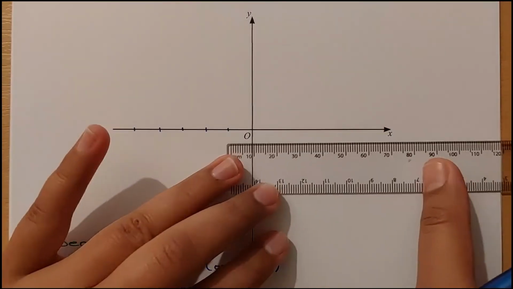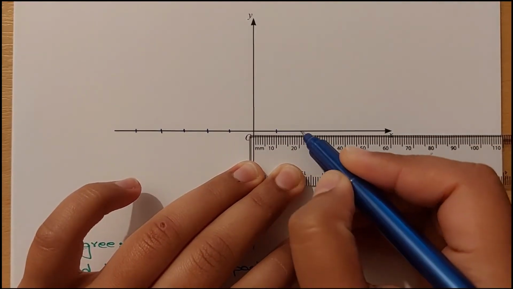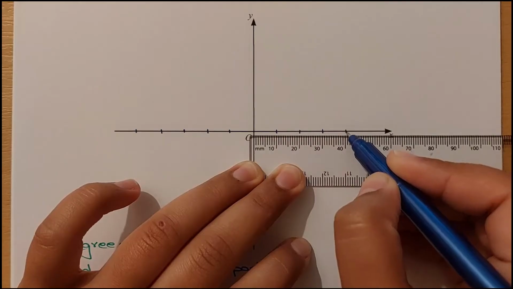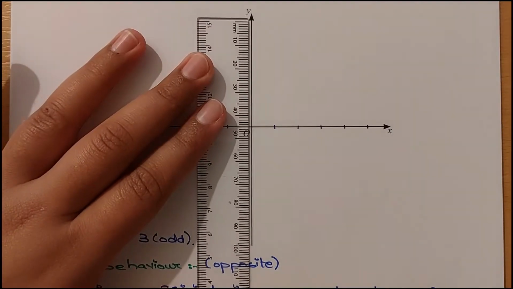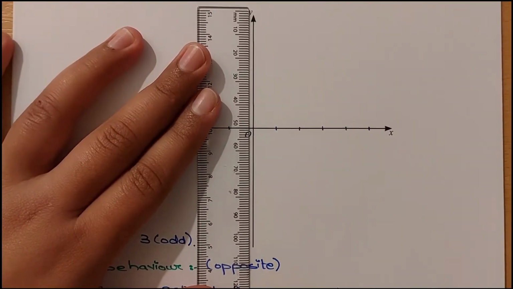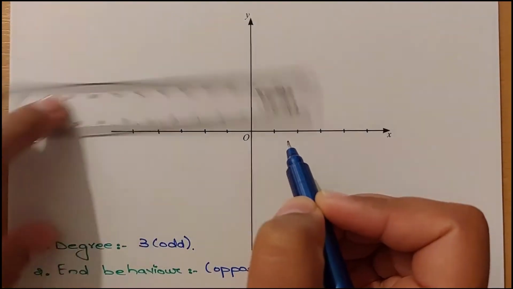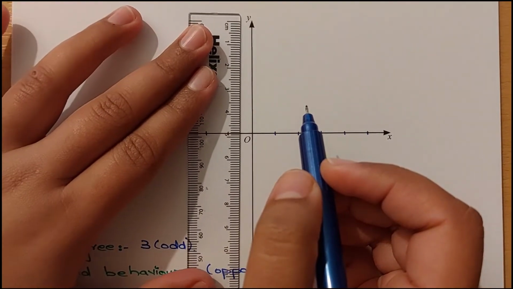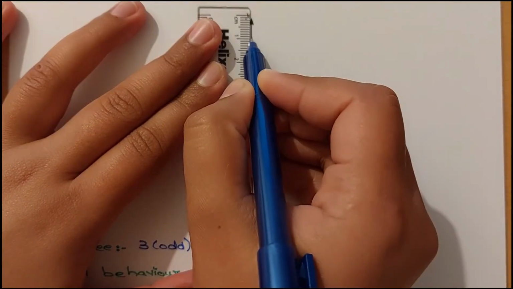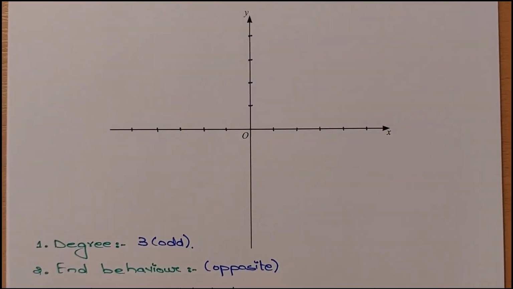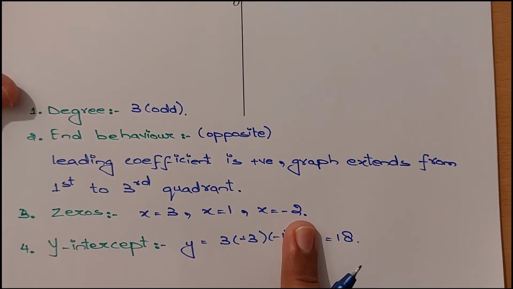Now on this side we have x equals 1, 2, 3, 4, 5, and the y values, let me check. 1, 2, 3, 4. Okay, so we have the x-intercepts. As you can see, the zeros are 3, 1, and -2.